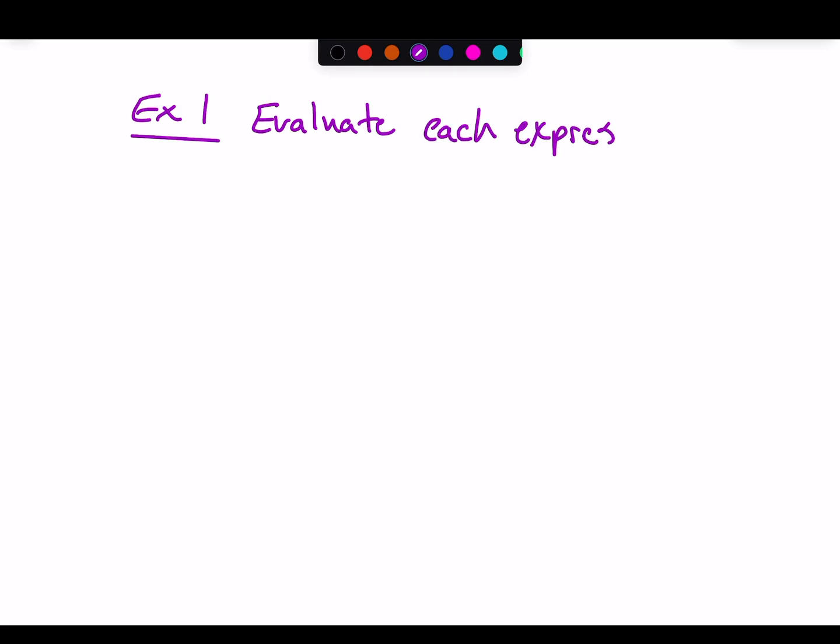Let's try an example. Example 1. Evaluate each expression for x equals 10. Our first expression is 6 plus 2x.